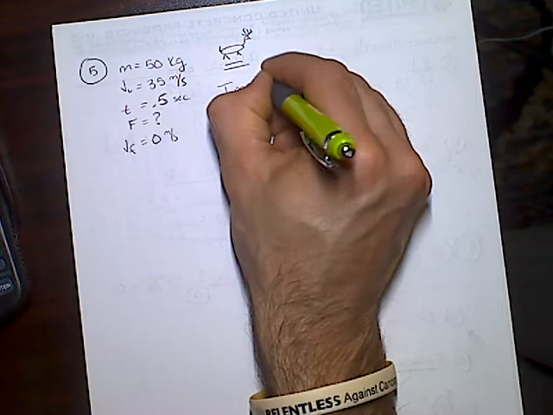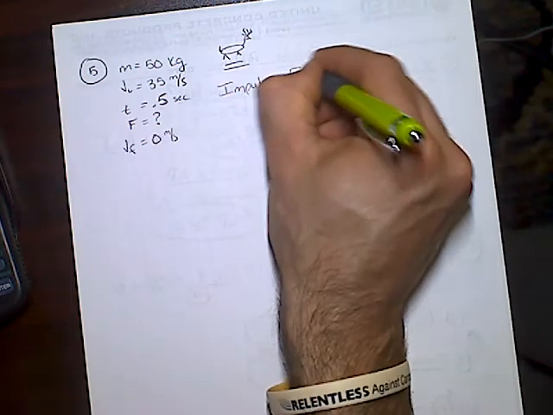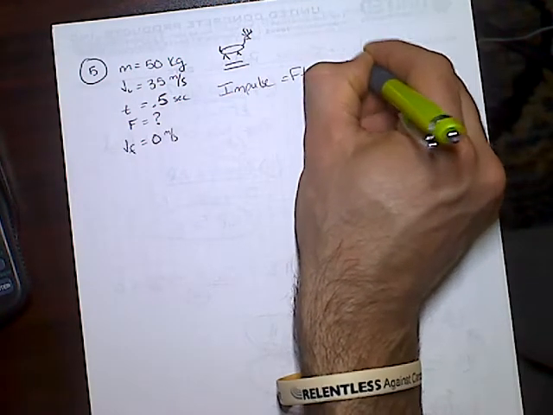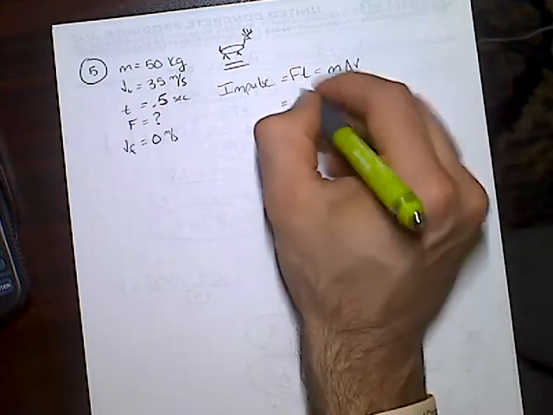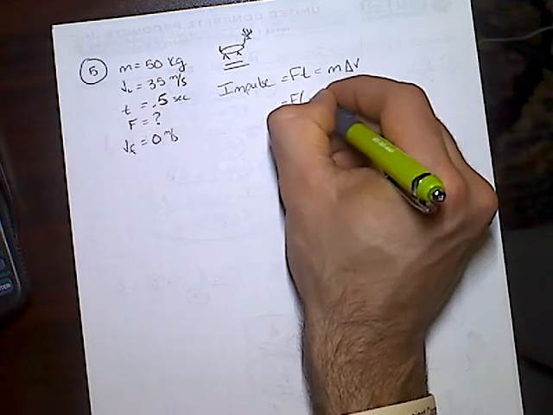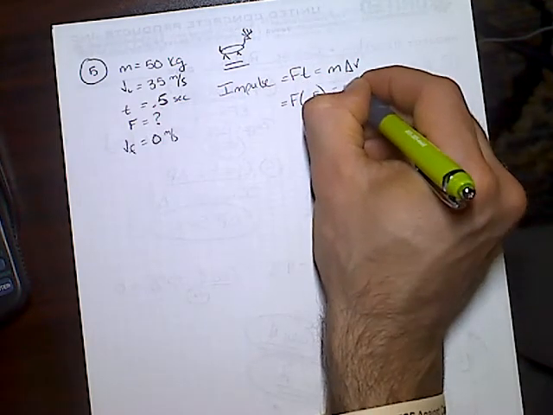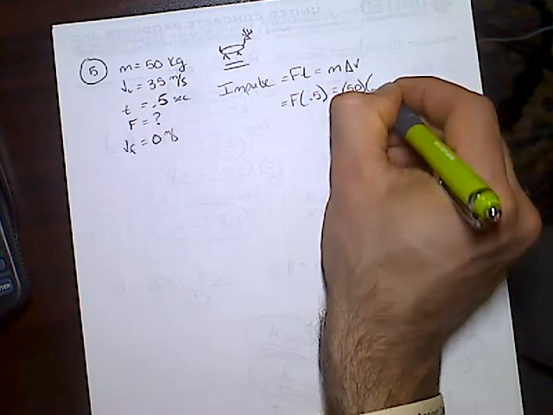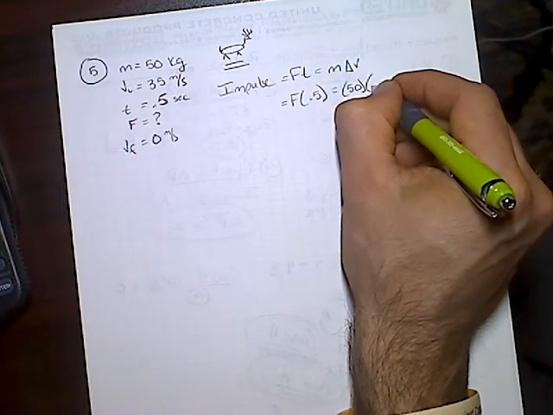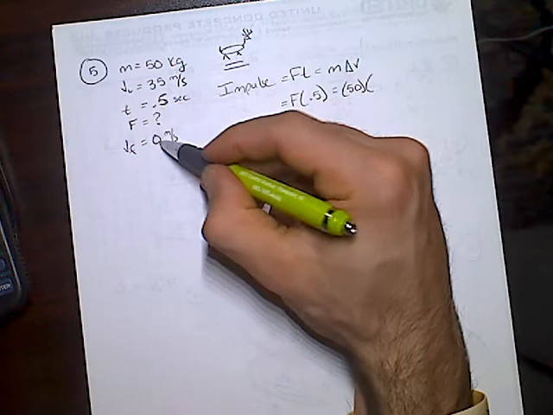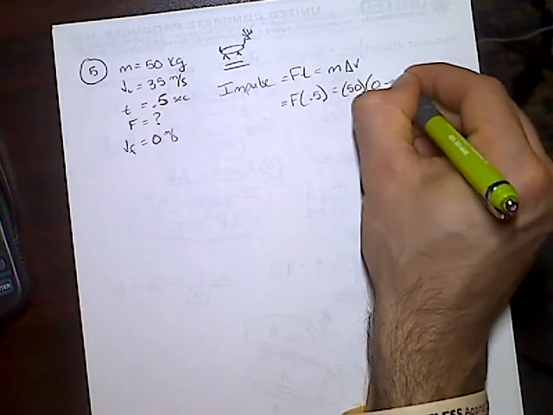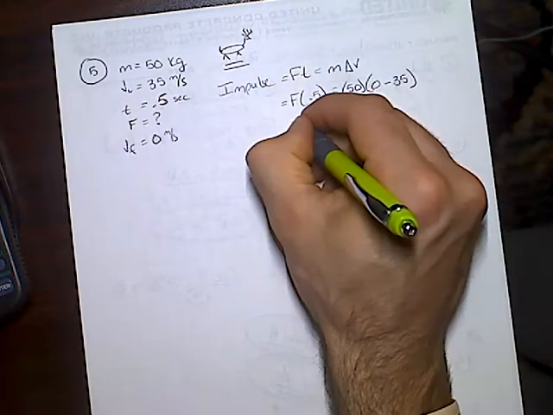Impulse equals Ft equals m delta v. Our force is what we're looking for. Our t is 0.5. Our mass is 50. And our change in velocity, well, that would be the final 0 minus the initial 35.